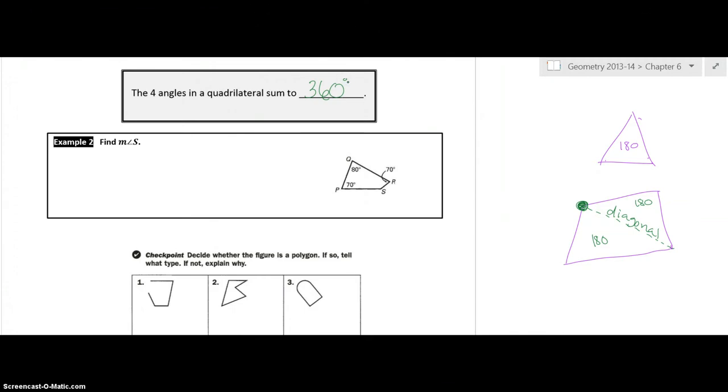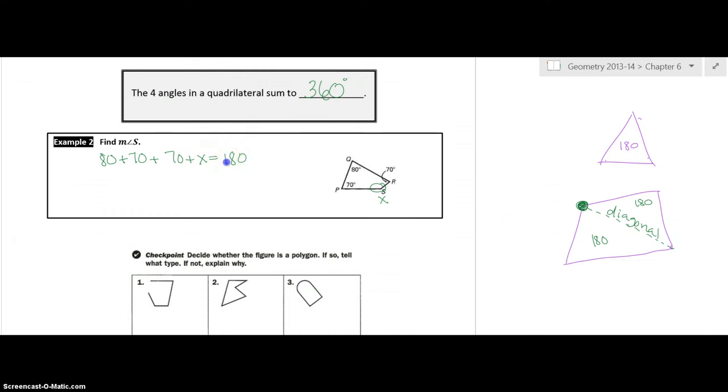So in example 2, if we want to find the measure of angle S, we could put x there if we would like, and we know that all of the angles should add up to be 360. So if we say 80 plus 70 plus 70 plus x, that should equal 180.